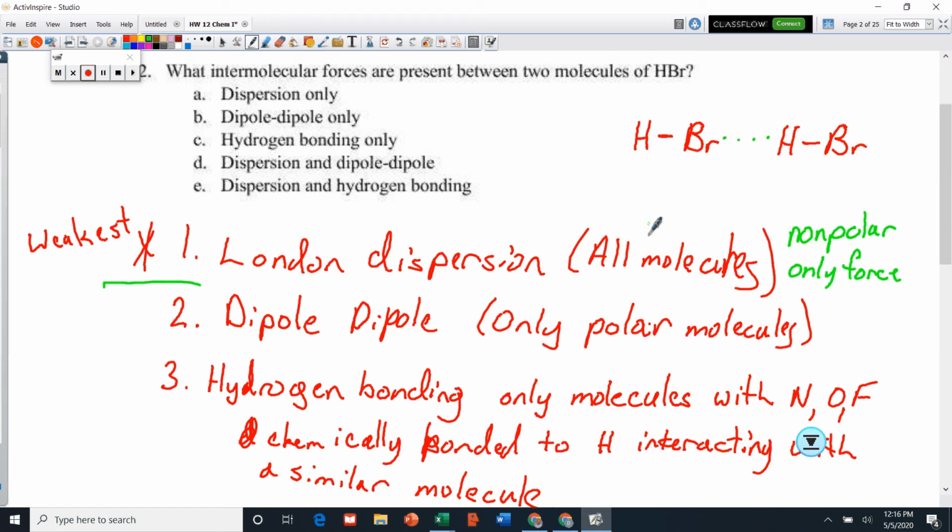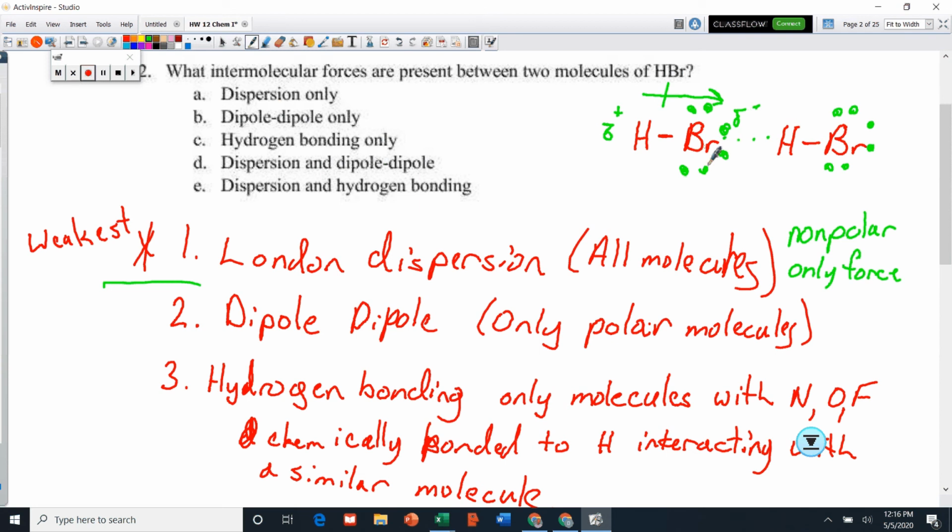Now, bromine is a larger molecule. Remember that bromine is going to have 6 electrons around it, so 3 lone pairs. Bromine is also more electronegative than hydrogen, so it's going to have a slight dipole facing that way, meaning the hydrogen is partially positive and the bromine is partially negative.